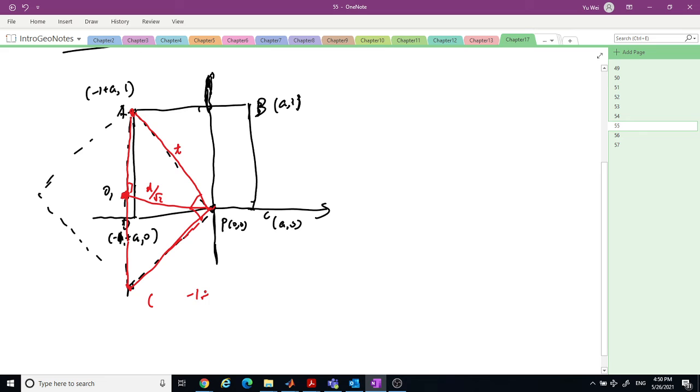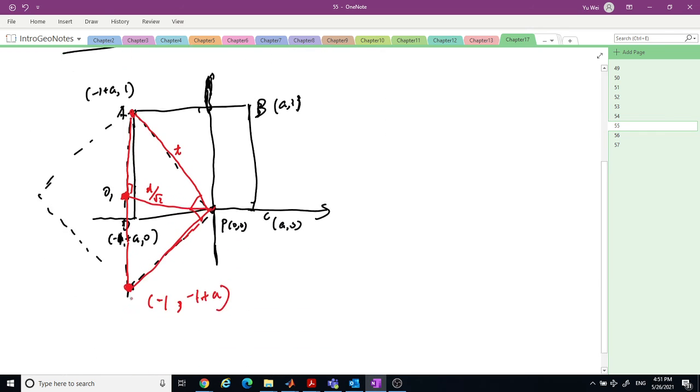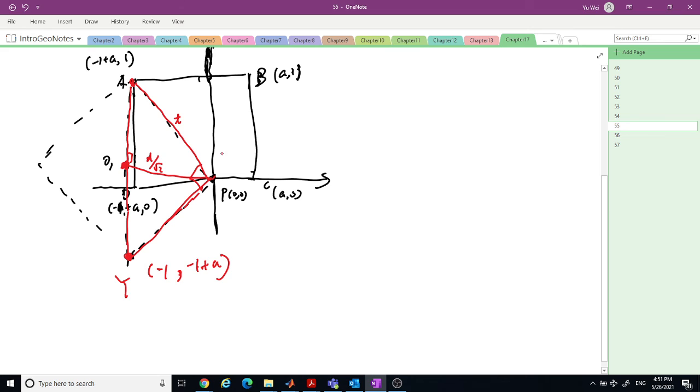So that's why it becomes this, and the X originally is negative. Now the x becomes a y, but the x is negative, so that's -1 of this. So this is the point of, what's this point? Y. Okay, so the same thing.